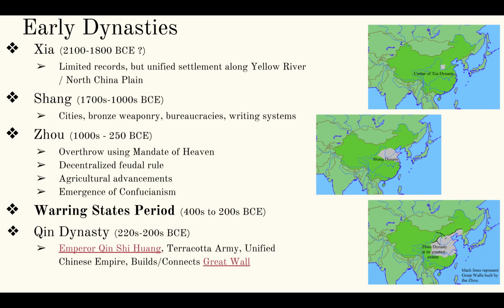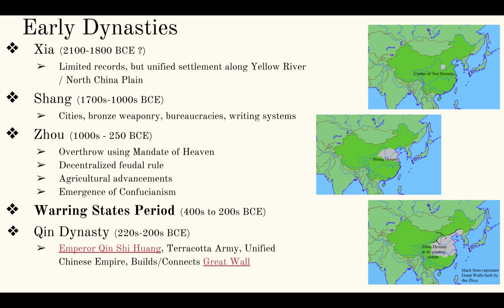Here's why the Qin Dynasty is going to be really significant. It's because it leaves two big hallmarks, the things most people think of when they think of Chinese civilization, and that is the accomplishments of Emperor Qin Shi Huang. Qin Shi Huang does two things. He builds what's called the Terracotta Army, which is one of the most impressive tombs you could imagine.